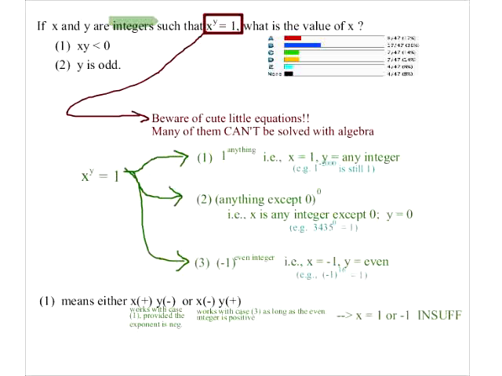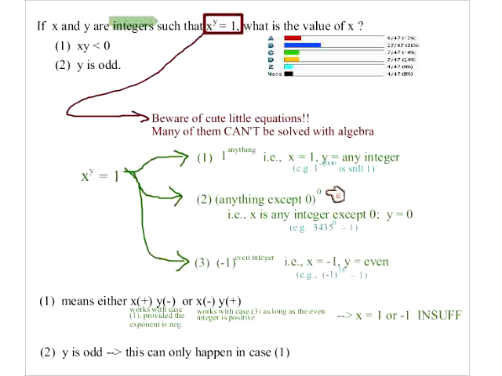On the other hand, statement 2 means y is odd. The only place where that can happen is case 1, because in this case y is 0, which is not odd, 0 is even. And in this case, y also has to be even.